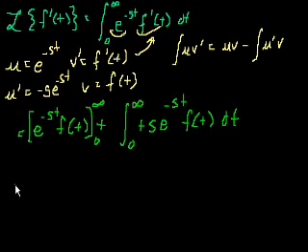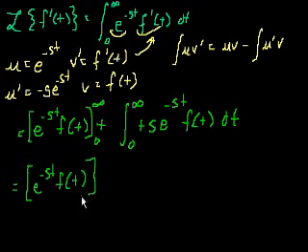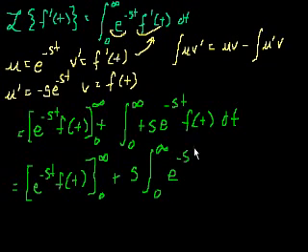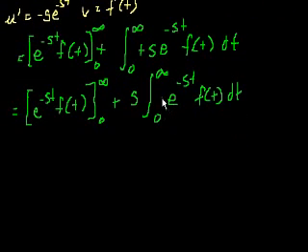So that is equal to e to the minus st f of t evaluated from 0 to infinity, plus s times the integral from 0 to infinity of e to the minus st f of t dt. And here we see, what is this? This is the Laplace transform of f of t, right?